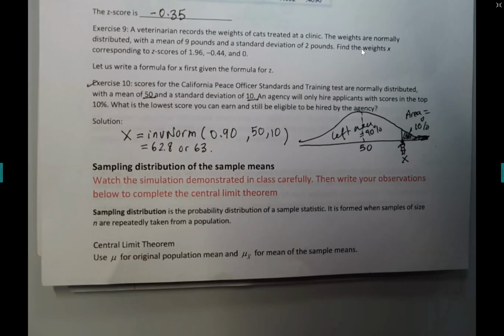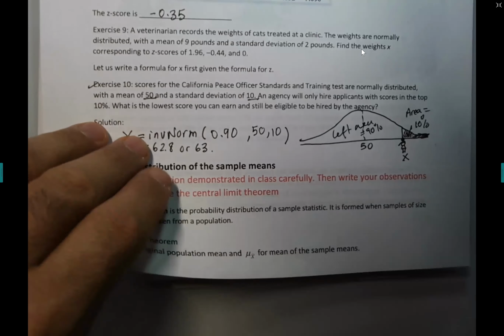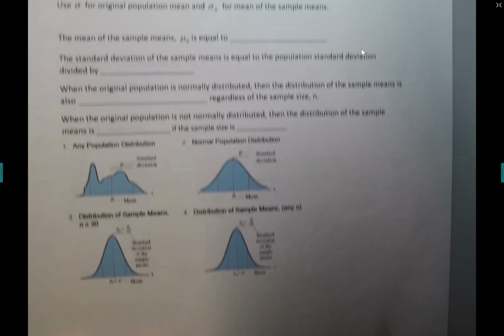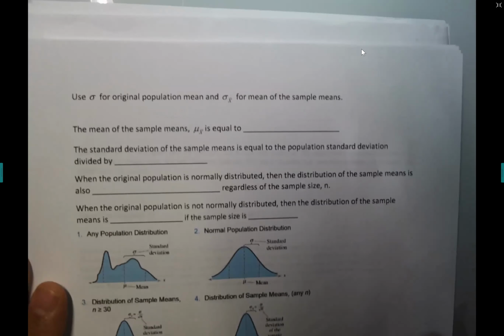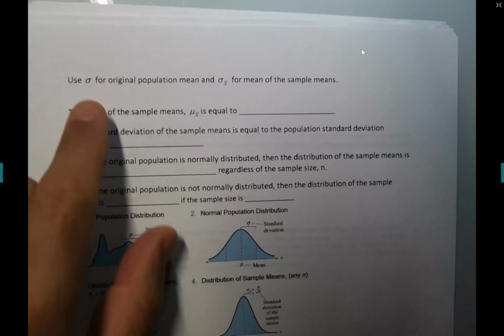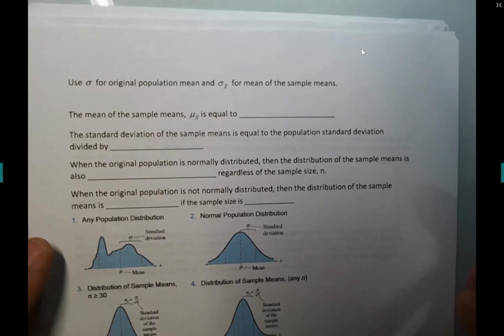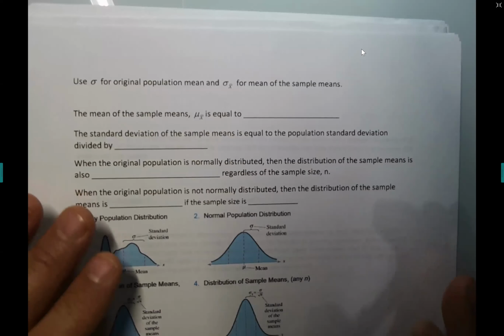Use mu for the original population and mu of x bar for the mean of the sample means. Okay, let's go to the next page. There you go, guys. Use sigma for the original population and sigma of x bar for the standard deviation of the sample means. So this is what we observed, guys.